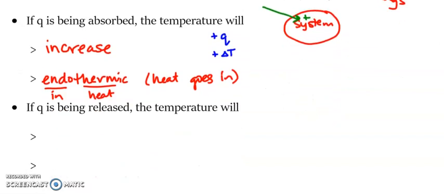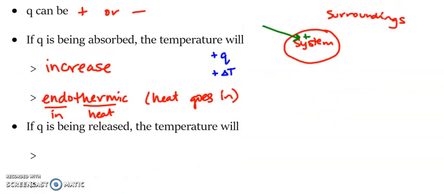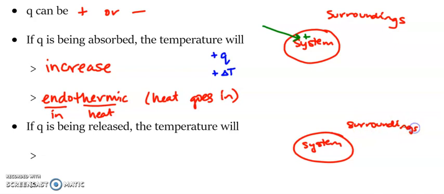Okay, so if Q is being released, so this would be where you have your system, right? And everything else is surroundings. This would be Q is leaving. The heat is leaving. That would be a negative Q. So in this case, the temperature will decrease, right? The temperature in your system, because heat is leaving, so it's going to cool down. And we call this exothermic.